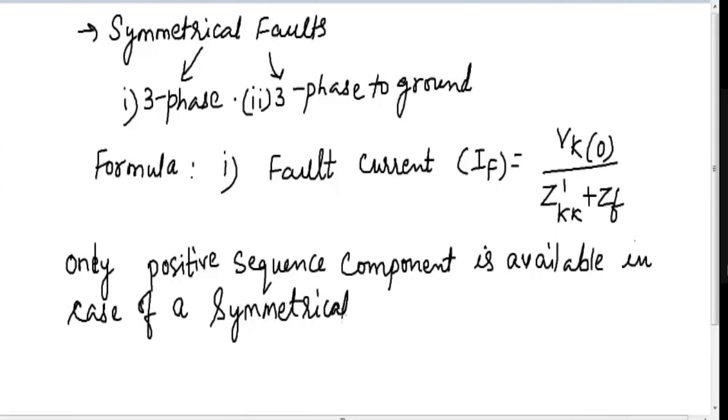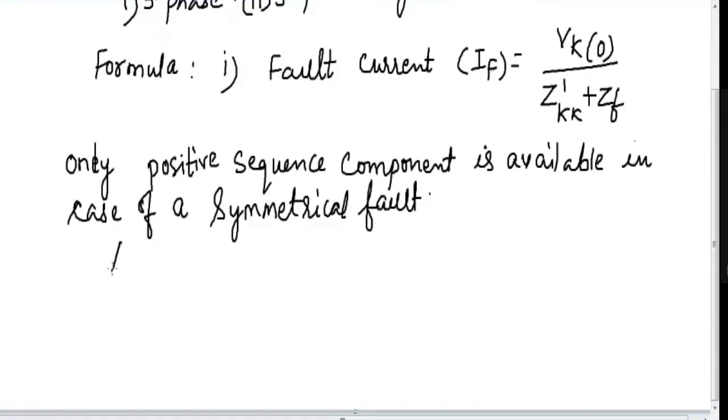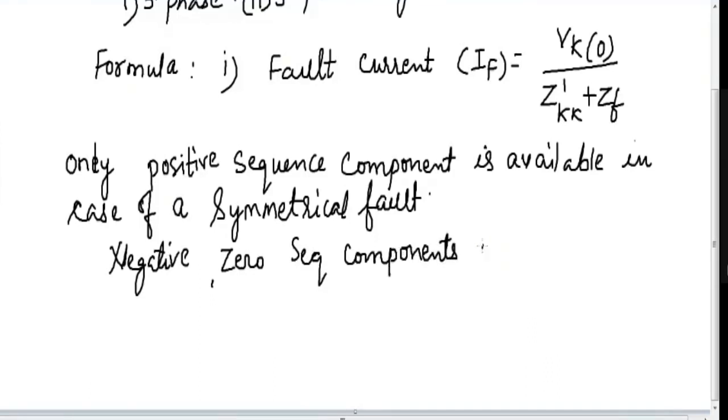In case of a symmetrical fault, we have only the positive sequence component available, and the negative sequence and zero sequence components are absent. Okay, so this we need to understand.